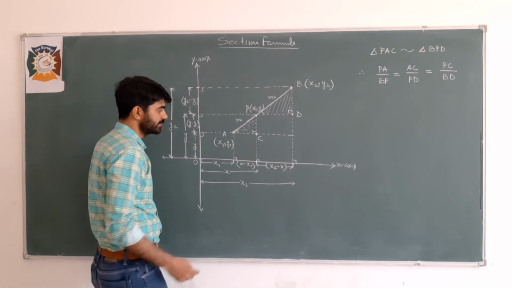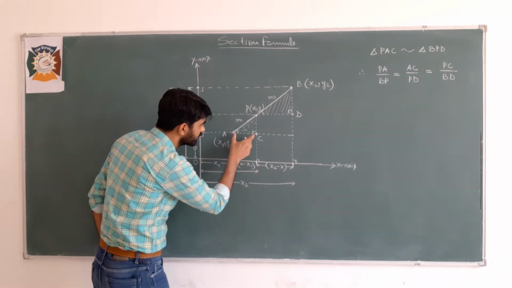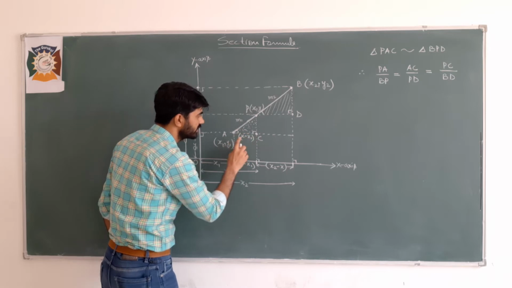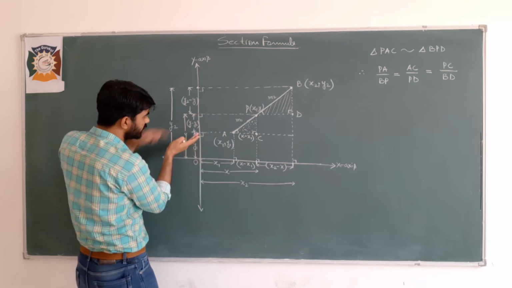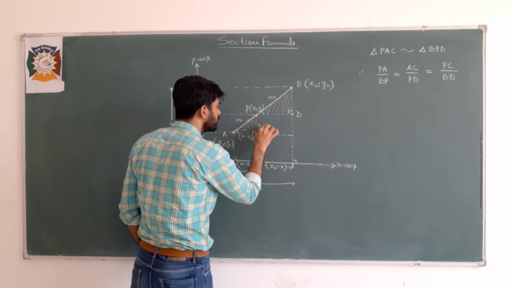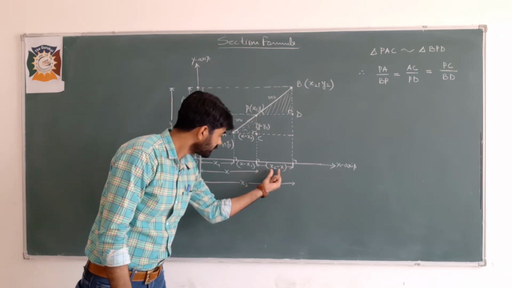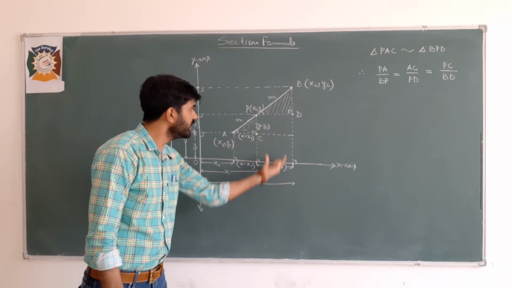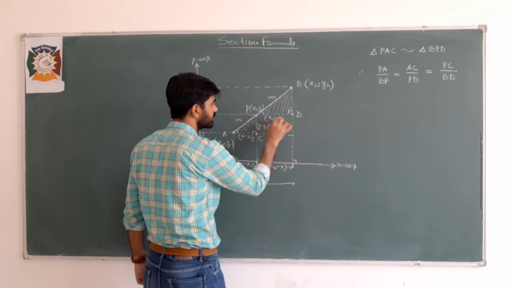Now look at the sides. This distance is x minus x1, therefore this distance will also be x minus x1. So this is AC. And y minus y1 is this much, so PC will be y minus y1. From here, this much distance is x2 minus x, so PD will be x2 minus x.